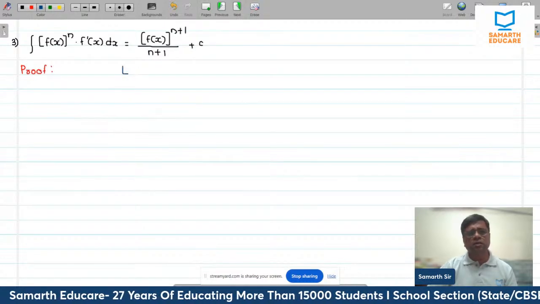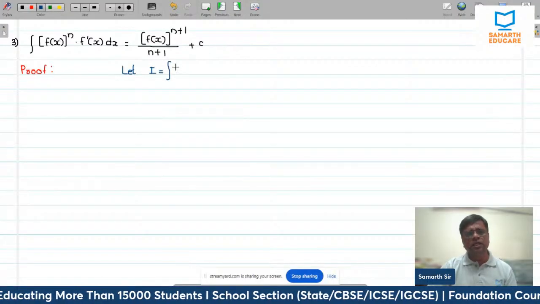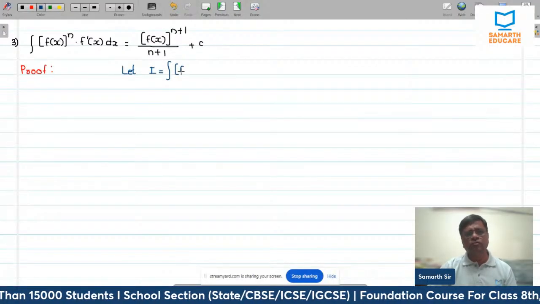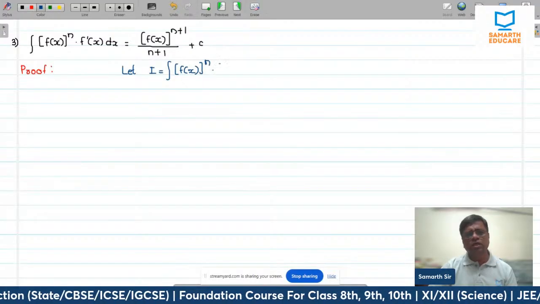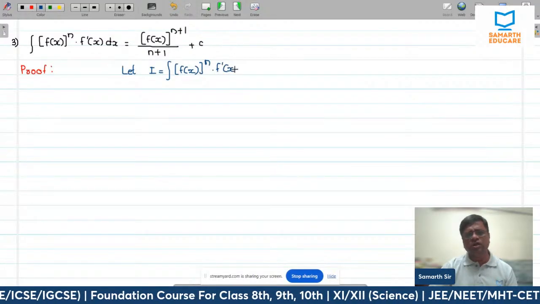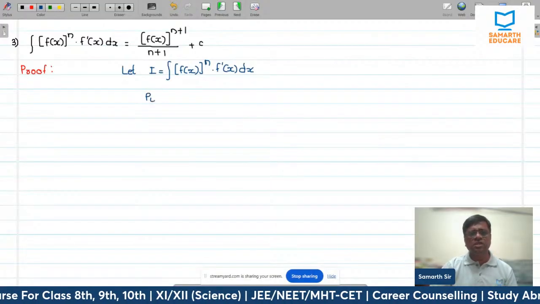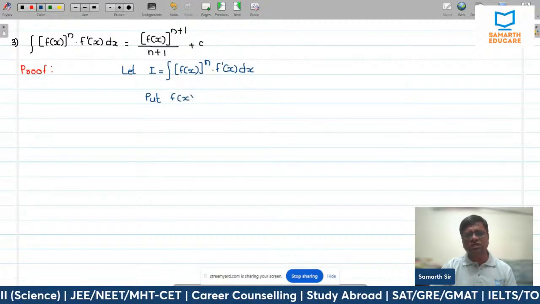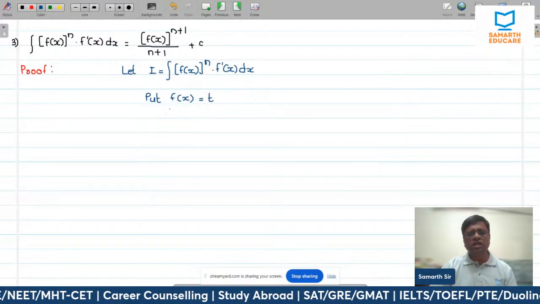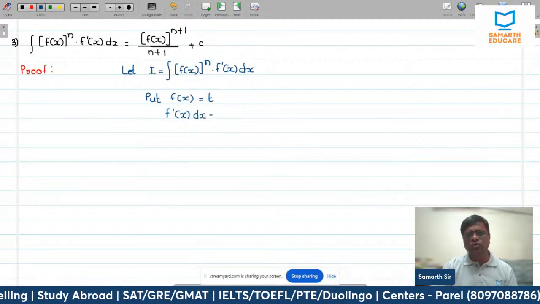Once again, my problem is I is integration of f of x raised to n into f dash of x dx. Naturally, just like the previous case, I'm going to do one thing. I'm going to put f of x is equal to t. इसका डेरिवेटिव आएगा f dash of x into dx is equal to dt.